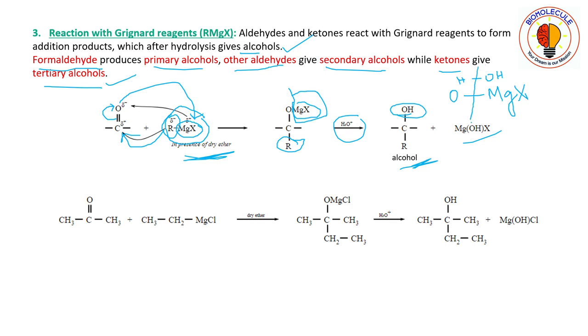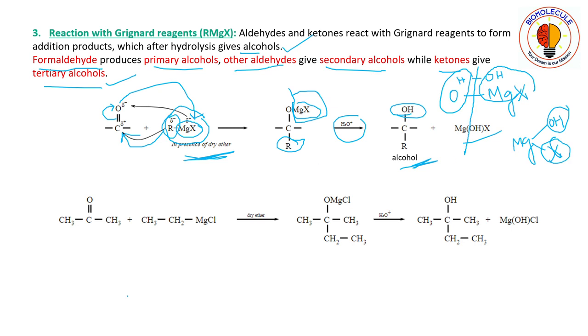You just leave here. So you are getting alcohol OH and Mg(OX)X, that is Mg here with X and another OX. Since magnesium has a valency of 2, it will coordinate with OX and X.